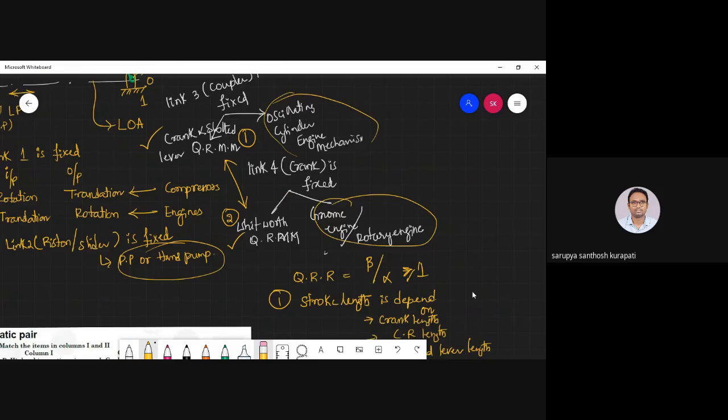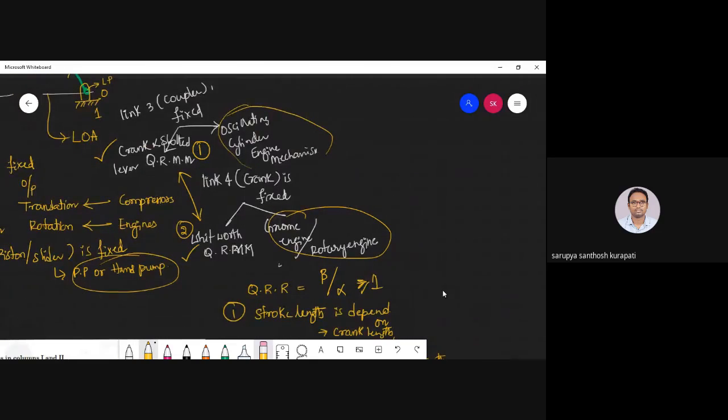But what about the Whitworth quick return motion mechanism? In the second category, the stroke length is dependent on only the slotted bar. This is the extension link, this point say C and this point say M. So only on the distance between these two points, that is CM, it depends.